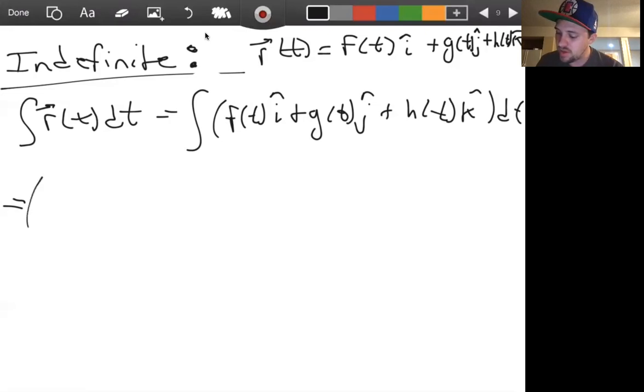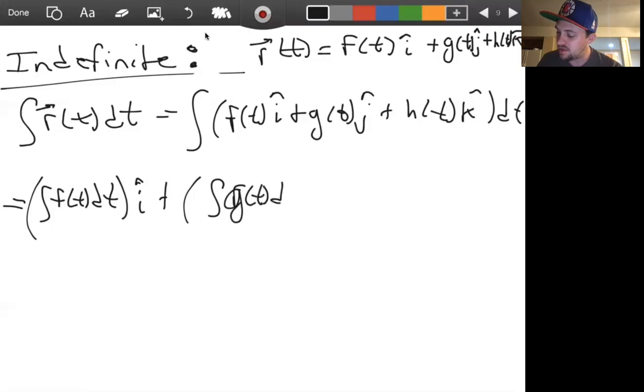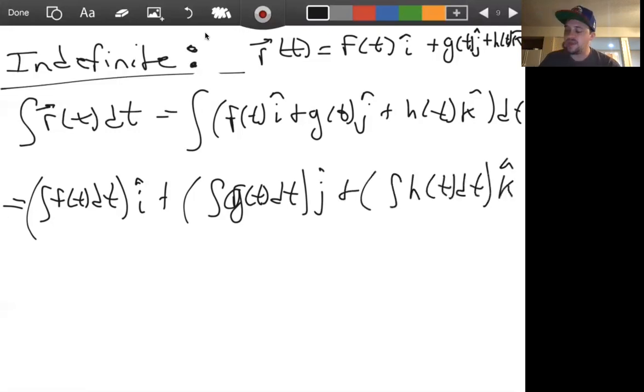And this becomes the integral of f of t dt i hat plus the integral of g of t dt j hat plus the integral of h of t dt k hat. And so this is nice when we're calculating integrals as well. We just pass integration to the function in each component, right?